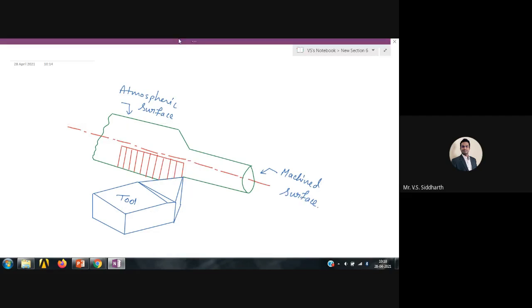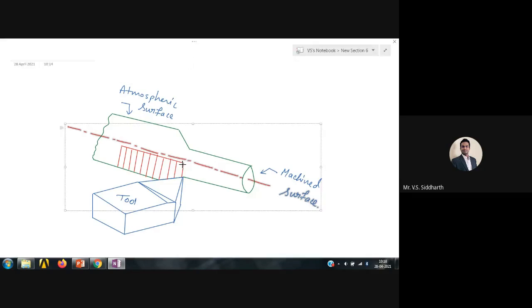And I am drawing another plane like this. Two planes I have drawn.